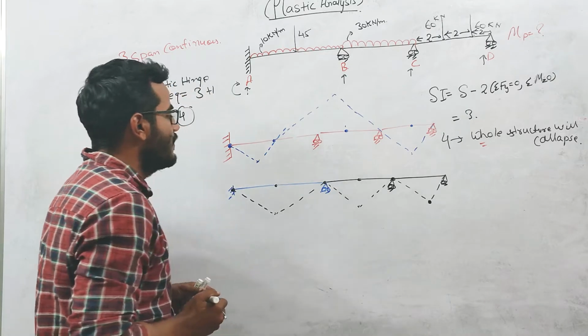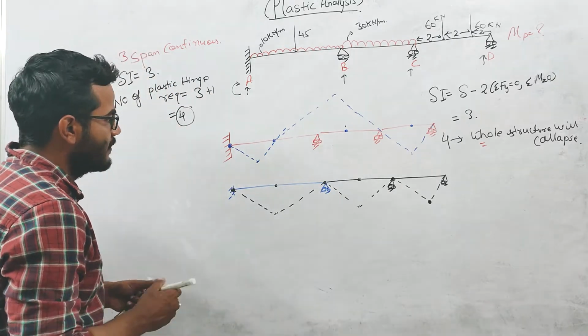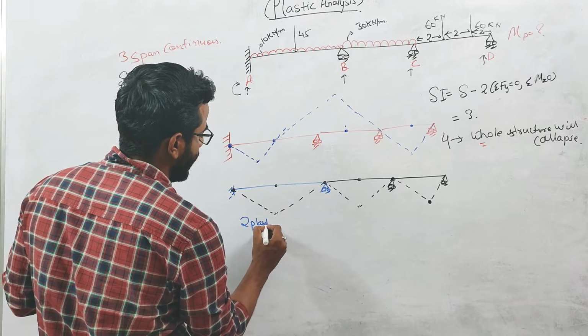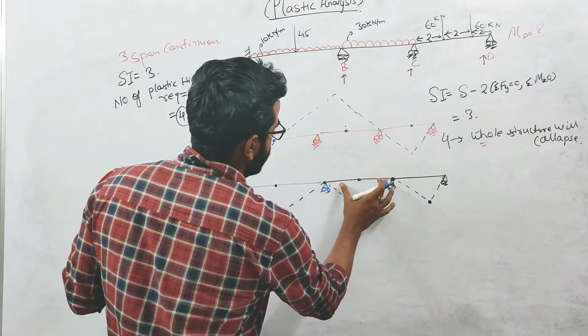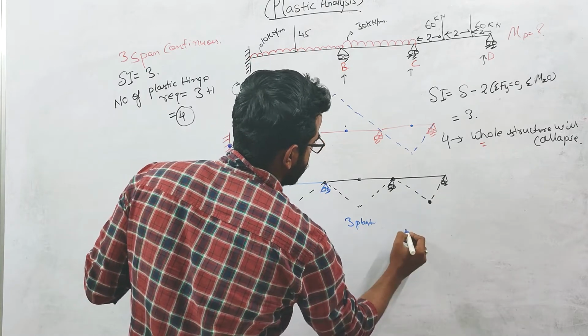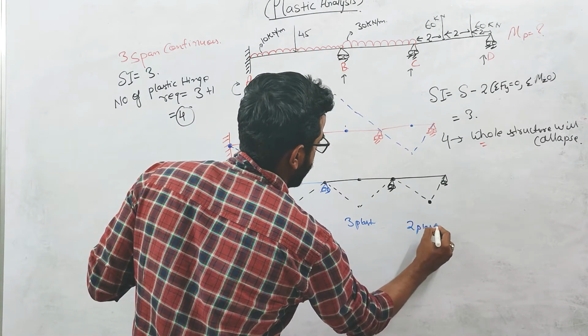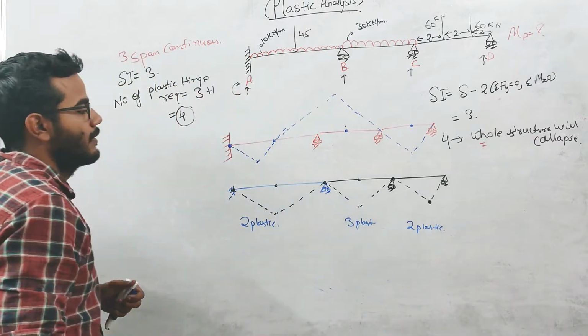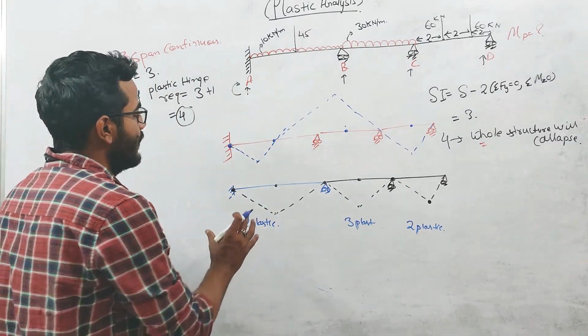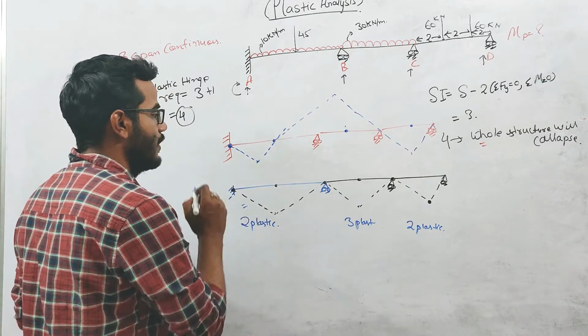So you can see that for this portion, 2 plastic hinges are required; for this portion to fail, 3 plastic hinges are required; and again for this portion, 2 plastic hinges are required. So the critical case will be from this one only.